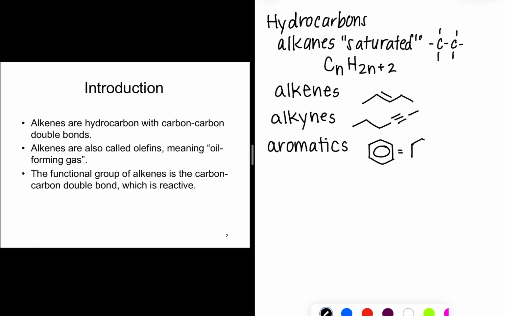And remember, we can sort of abbreviate the fact that there's resonance within that ring structure with a circle. So those are 3 hydrocarbons. We already did naming for alkanes, and today we're going to do alkenes and alkynes.